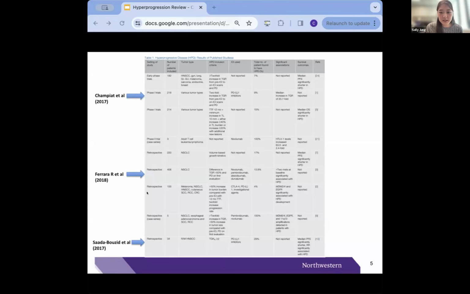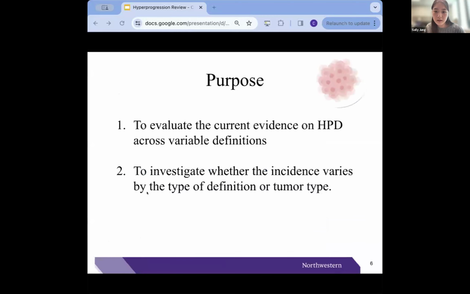So these are the main studies that we will talk about here. The main purpose of this presentation is to evaluate the current evidence on HPD across variable definitions and to investigate whether the incidence varies by the type of definition or tumor type.